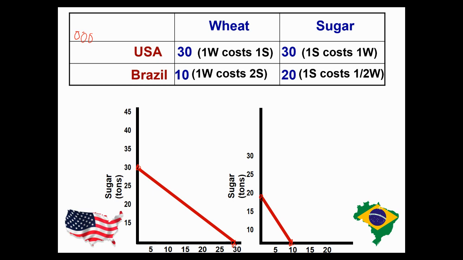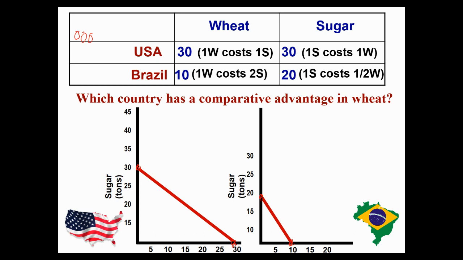Now, once we're at this point, we have to ask ourselves, which country has comparative advantage in wheat? Who's better at making wheat? Well, it looks like the United States has comparative advantage in wheat because it only costs them one sugar, whereas for Brazil, it costs them two sugar. What will always happen is once we find one comparative advantage, then we automatically know that the other country will have comparative advantage in the other product.